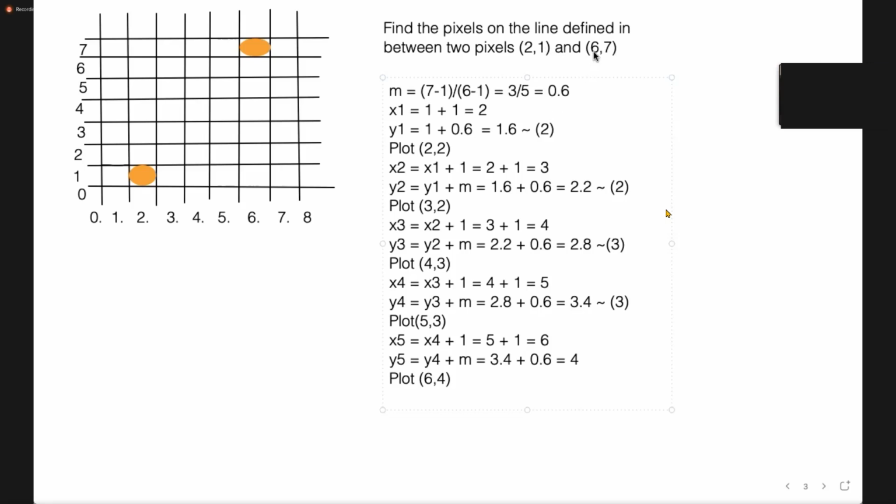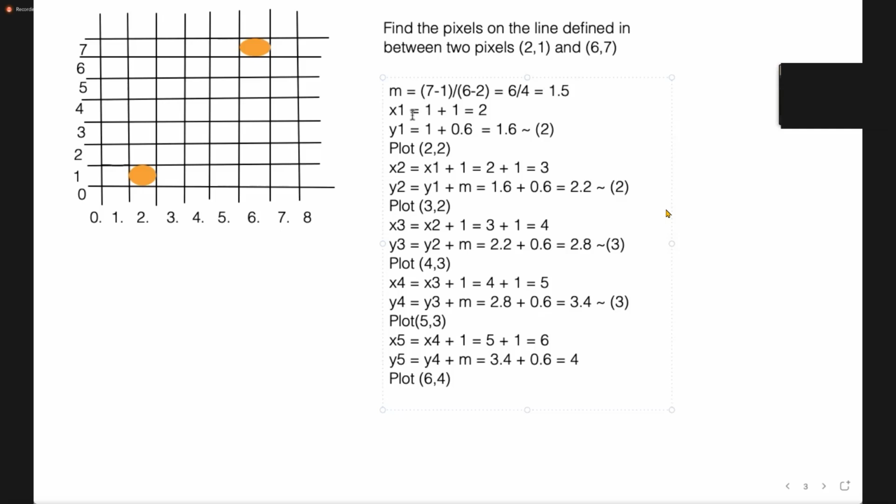Then here we have 6, the x2, and x1 is 2, so 6 minus 2 is to be there. 7 minus 1 is 6, and 6 minus 2 is 4. Then 6 by 4, that is 3 by 2, which means 1.5.